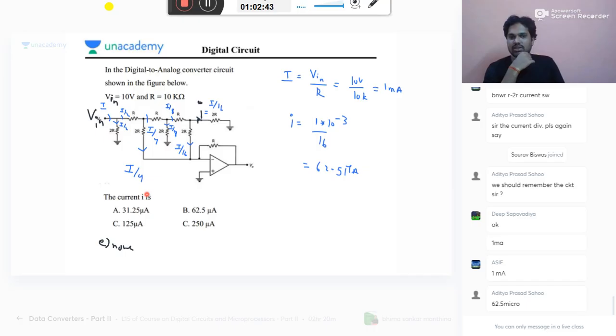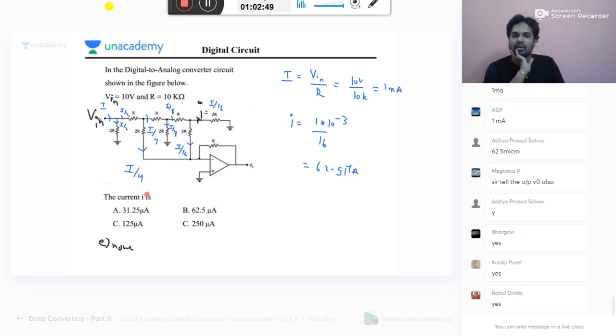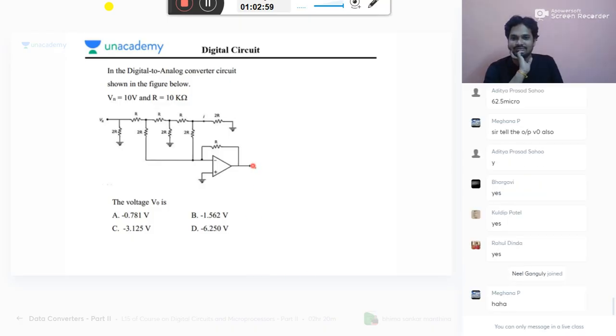Okay, ready? Shall I start the next question? The output V0, I don't say because it is the next question. What is V0?